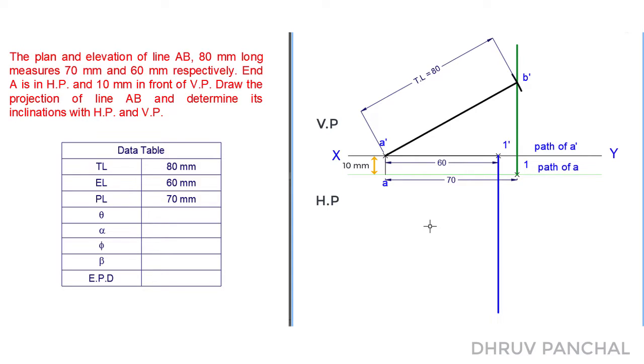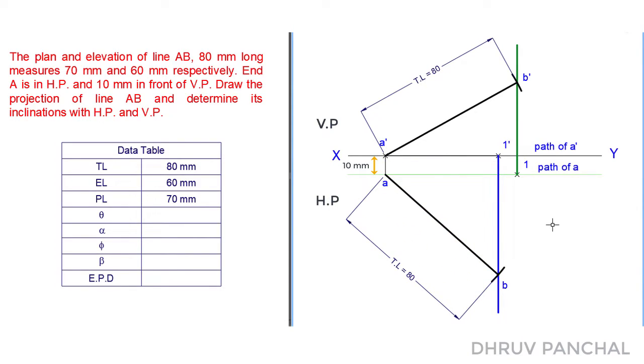With the help of a compass, take 80 mm distance as a radius and point A as a center. Draw an arc on the vertical line passing through 1' to locate point B. Now, join point A and B, which is the true length of line AB in the horizontal plane.